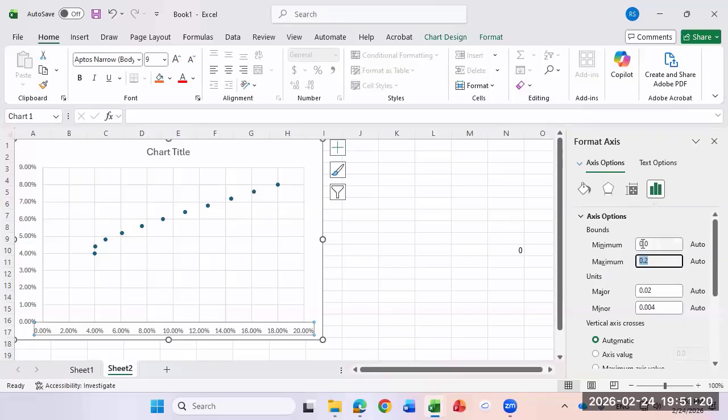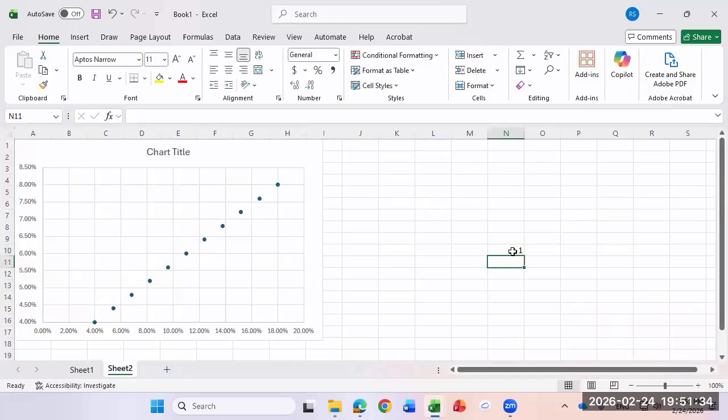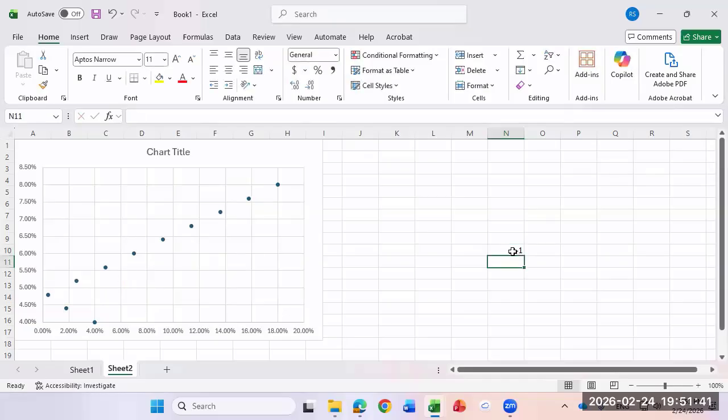I want to actually change this axis. All right. So correlation of 1, just a straight line. 0, we shift out. -1, we go over to the side.